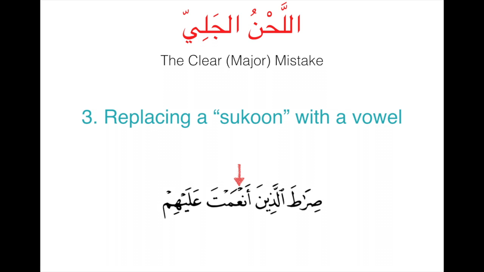Noon is not a letter of qalqala, or a bouncing letter. So when we apply the sukoon to it, we say it fully without bouncing, pressing down and then releasing. An'amta. But don't hold it too long either. صراط الذين أنعمت عليهم. So replacing a sukoon with a vowel is considered a major mistake.